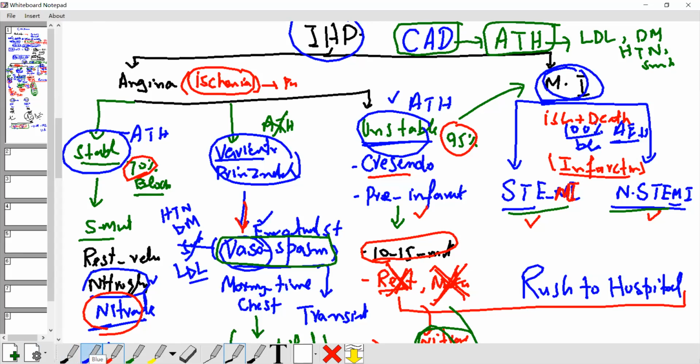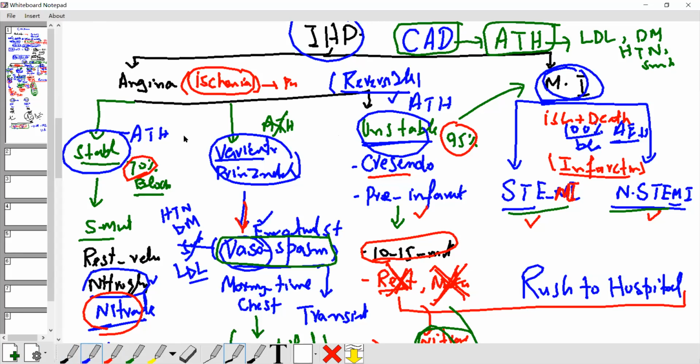In angina, the cell is still in reversible injury. If you open the artery and give better drugs, the patient can be reversed. The myocardium is not damaged. If the cell does not die, can enzyme come out? Can protein come out from the cell? Of course not.